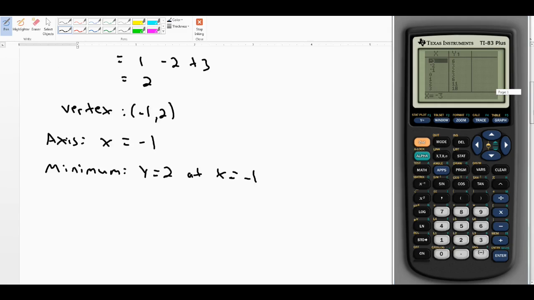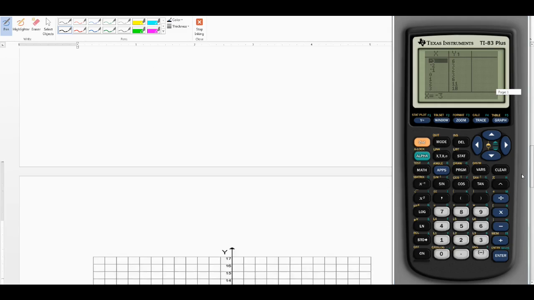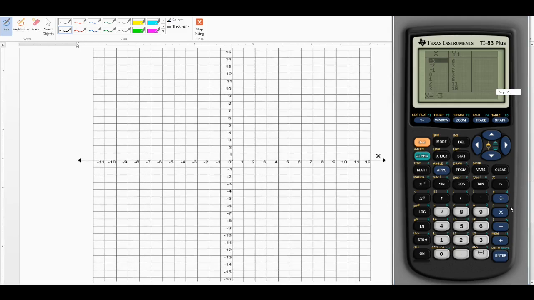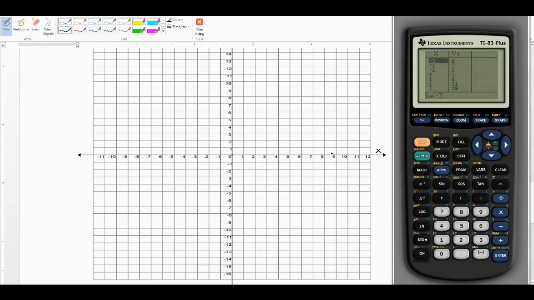So that's what we're going to do. So start with the vertex, negative 1, 2, which is right there. And the axis of symmetry, line of symmetry, or axis of symmetry, either way you want to look at it, is the vertical line that goes through the vertex.